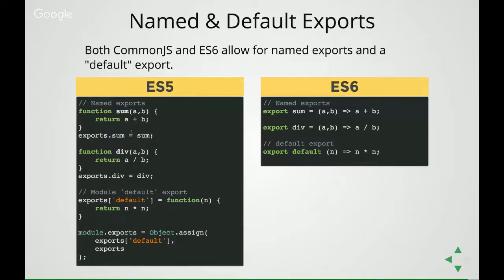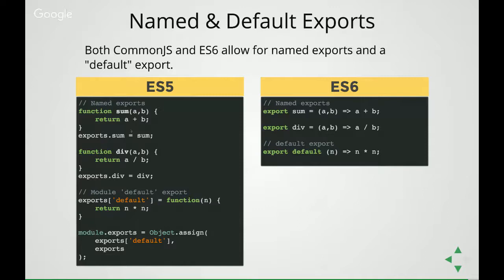So if I had a default export, in this case, we have a default export of a function, which we're just squaring some number. Then if I did import square from libmath, square is now a function. But that function also has properties of sum and div that I can access.